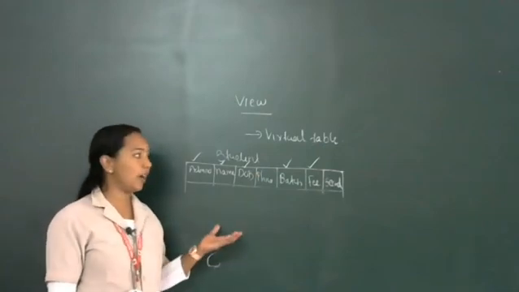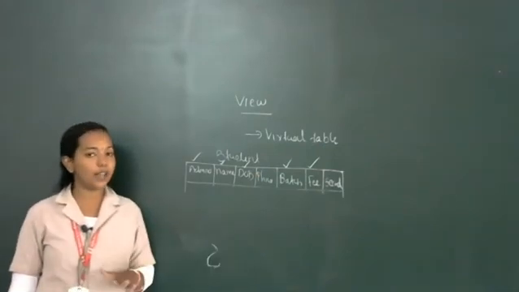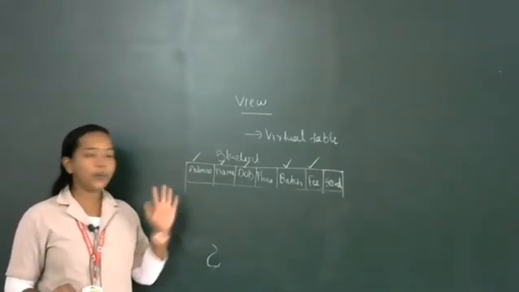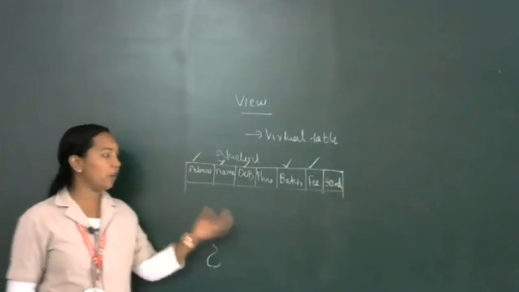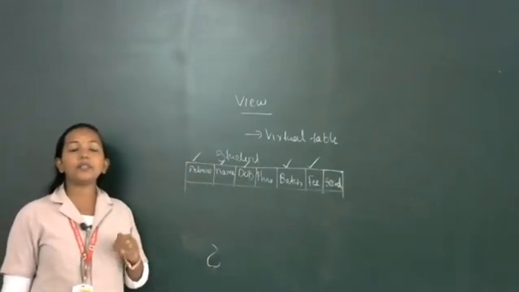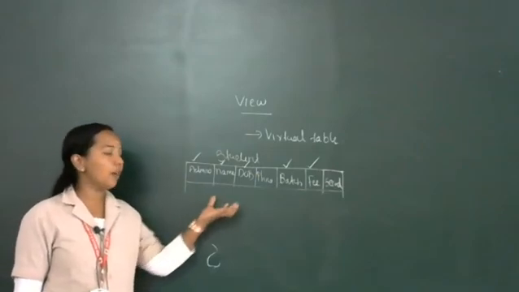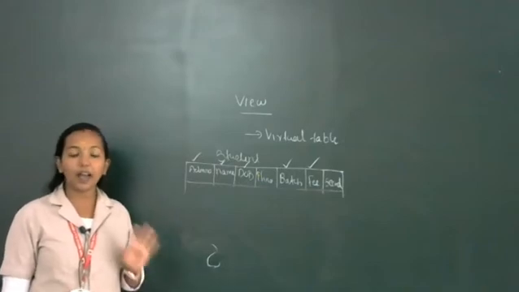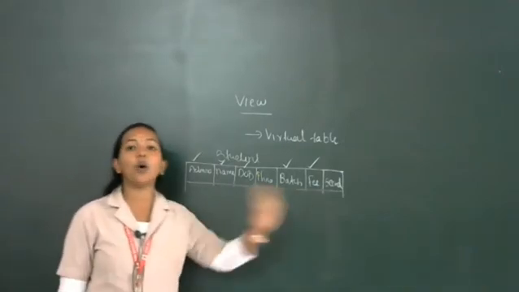Suppose I want to find out the fee collection and the amounts relating to fees. Then I don't want the entire table, I only require these 5 columns, and I want to perform some operations on them.